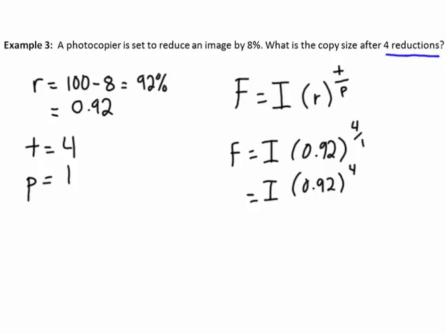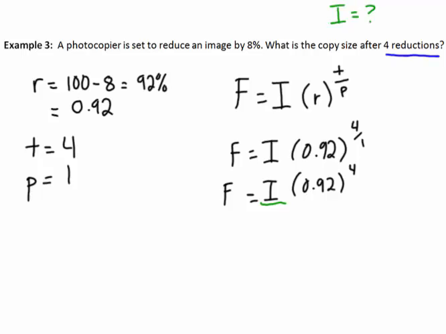And what we want to find out is the final amount, but we're going to refer to this based on the original. So we don't have an I. I is unknown.